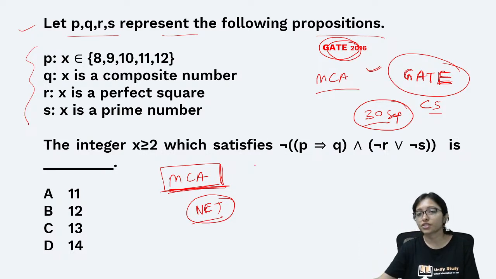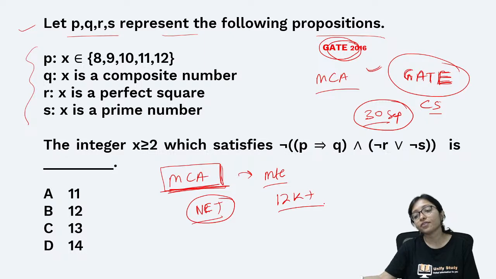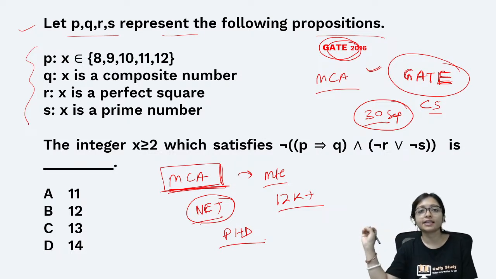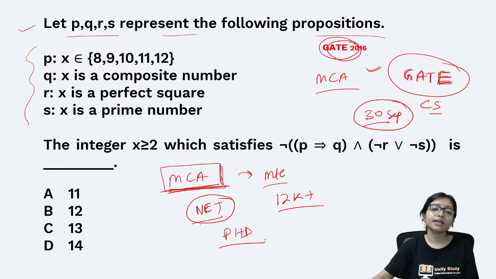So if you are able to get a rank in GATE, you can enroll yourself in MTech, and you get a stipend of more than 12,000 for doing MTech. Through GATE you can enroll yourself for PhD also. So many universities, especially NITs and IITs, take from GATE.